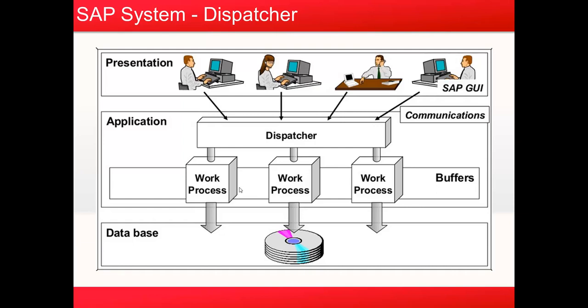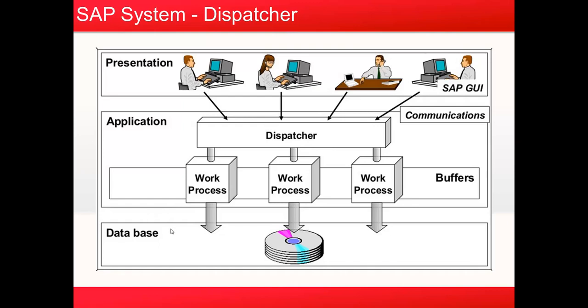There is only one dispatcher per application server, but you can have a minimum of 2 dialog work processes per dispatcher. So take note that there should be one dispatcher and at least 2 or more work processes. That is about the dispatcher part.